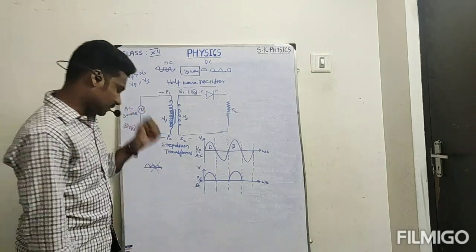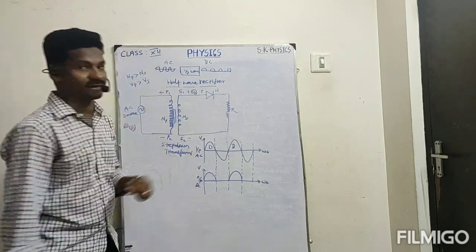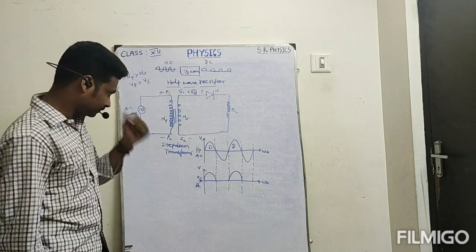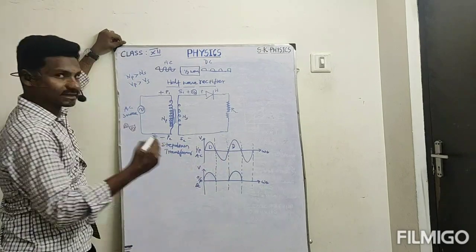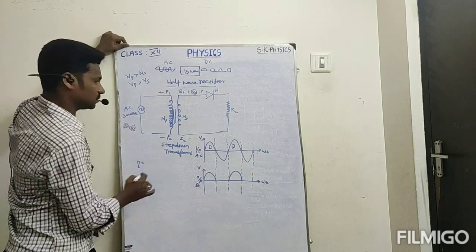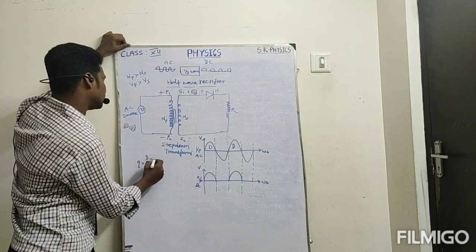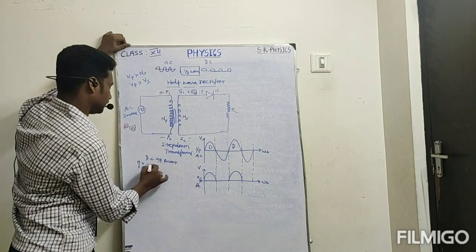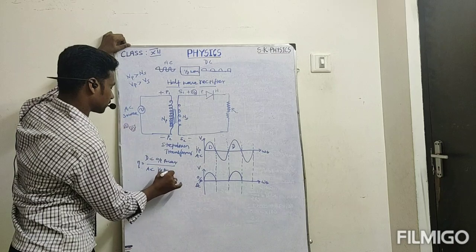Okay students, I hope you now know very well how the diode acts as a rectifier. One more point: in the half-wave rectifier, we can talk about efficiency. Efficiency is equal to output divided by input, that is DC output power divided by AC input power.